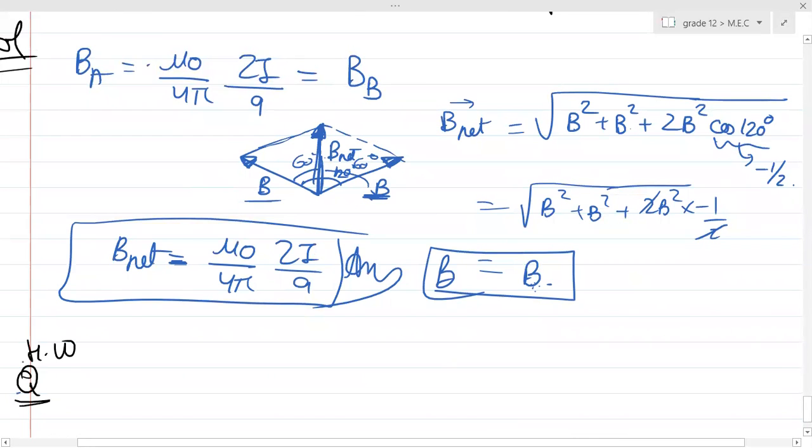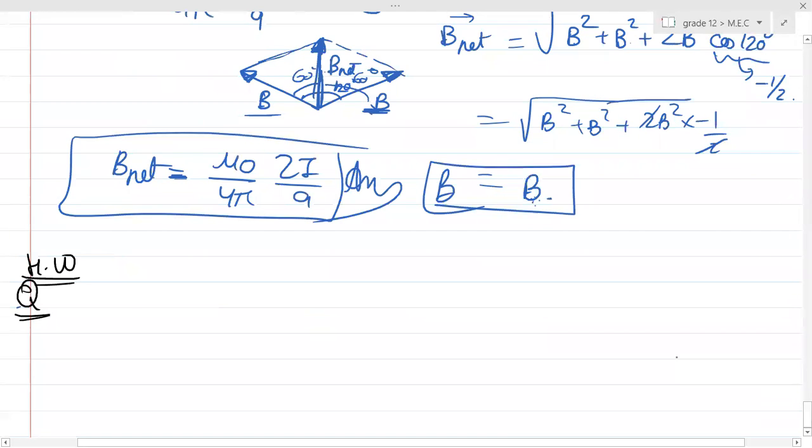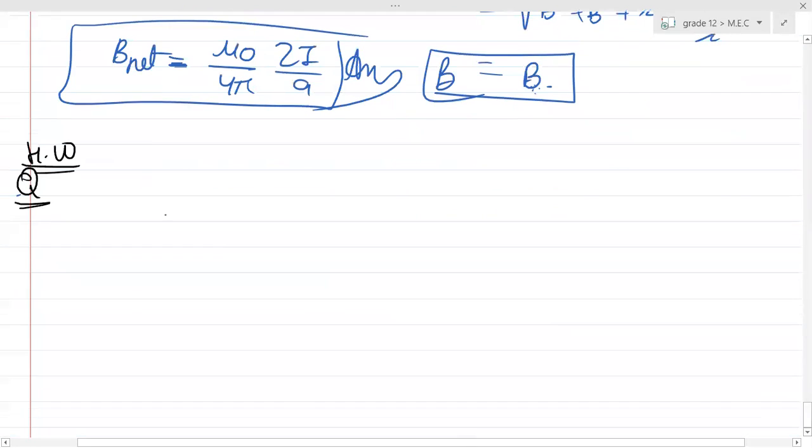Homework questions now. There is one question like this. Can you see a current carrying wire? It is going till infinity.